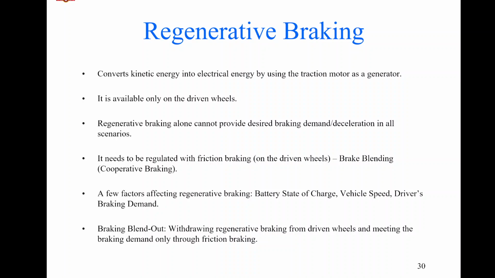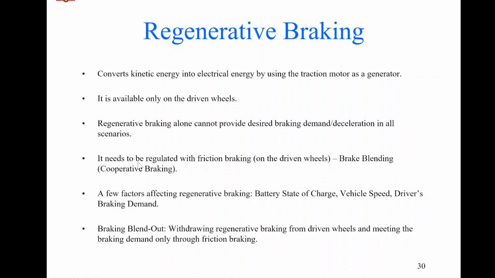This regenerative braking capability is only available on the driven wheels, that is the wheels which have a motor connected, and certainly it alone cannot provide the desired braking torque or the deceleration required, and hence in such a situation we would do something called cooperative braking, that is by involving friction braking as well.